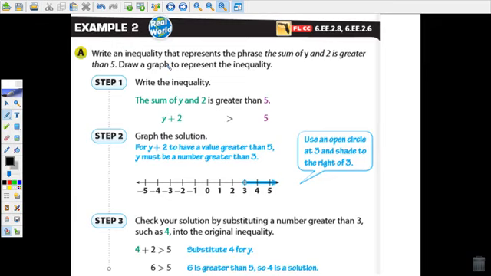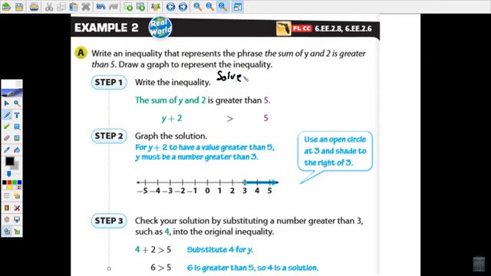So, real-world situation. Write an inequality that represents the phrase, the sum of y and 2 is greater than 5. First things first, you have to solve it.